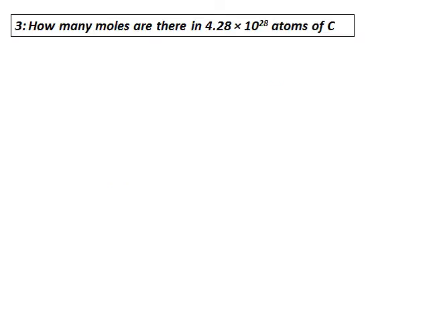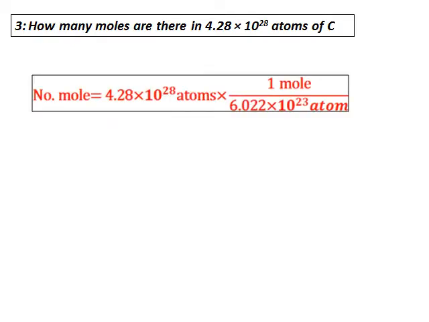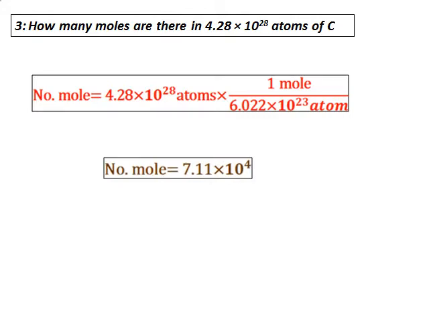Another question. How many moles are there in 4.28 × 10^28 atoms of carbon? This is the reverse of what we did before. As I keep saying, if any number is given, write that down first. The number given in this case is 4.28 × 10^28 atoms. Then you look, they have asked for the answer in moles.